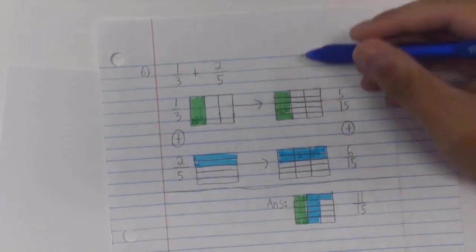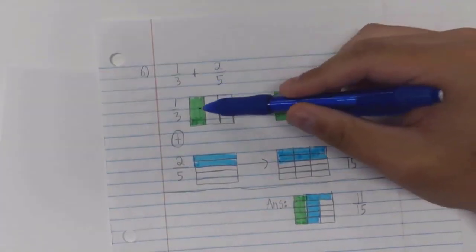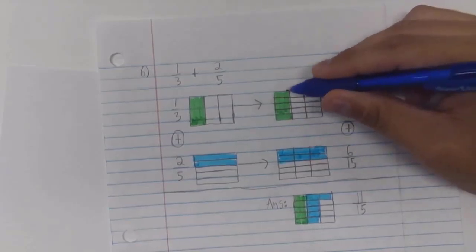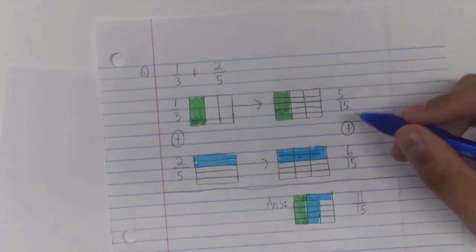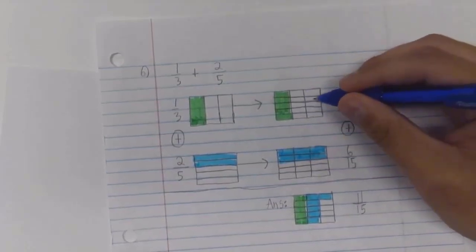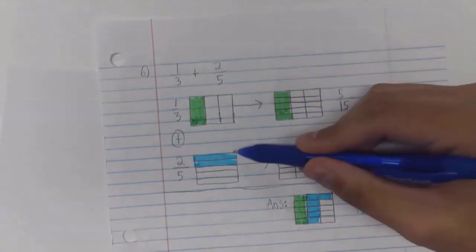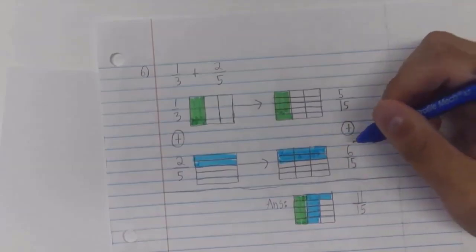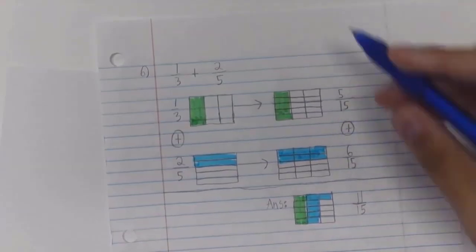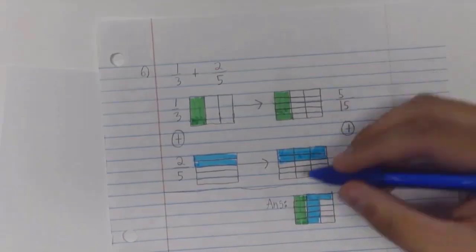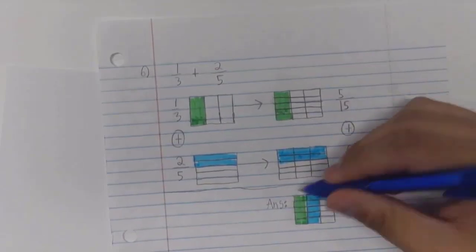So now you got to shade the equivalent of whatever you had here, which in this case would be 5, and the total of it would be 15. Here, you do the same, shade the equivalent of this part, which gives you 6 over 15.